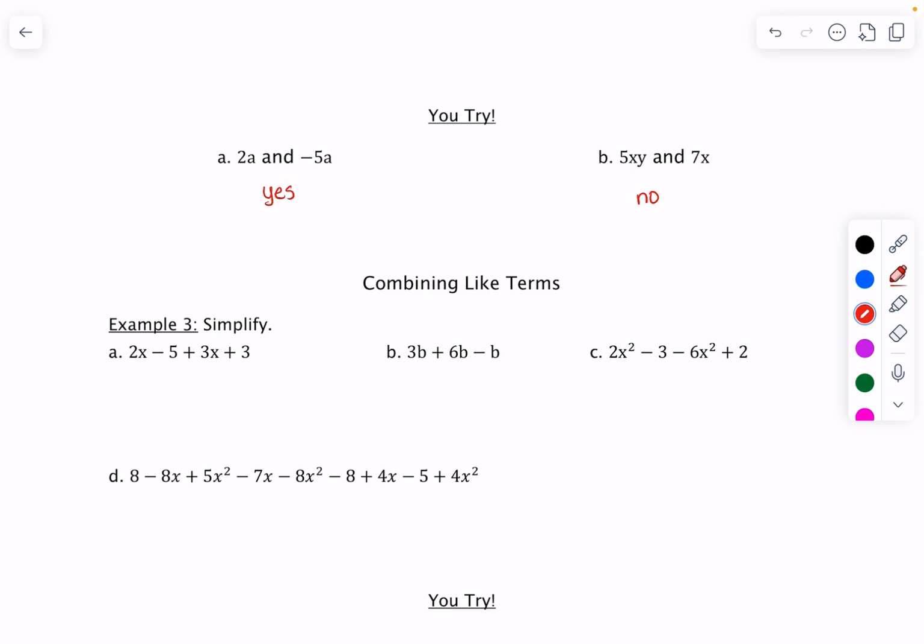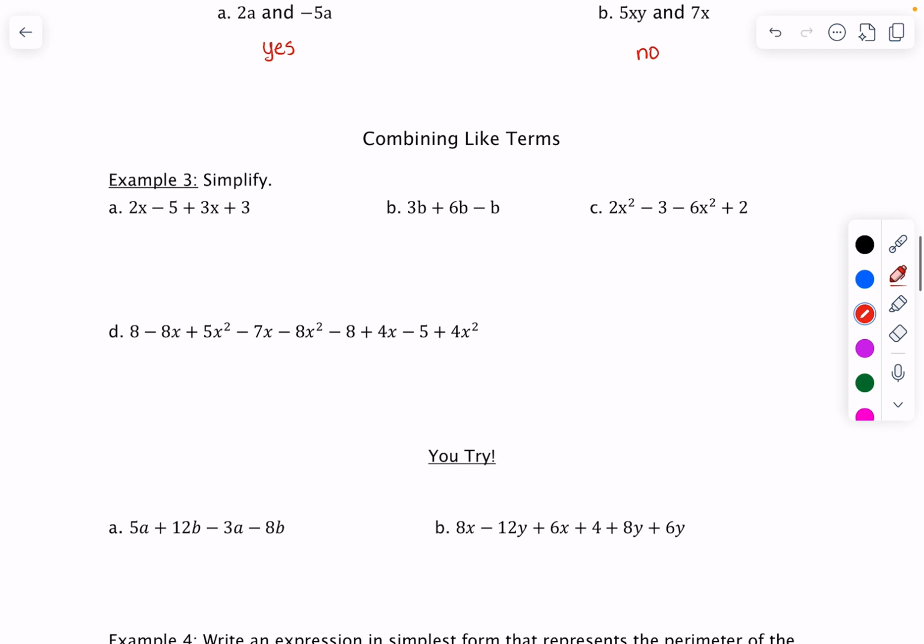Okay. So now let's talk about combining like terms. And like I said earlier, combining like terms means that you look for like terms. So step one is look for like terms. And step two is that you add the coefficients.